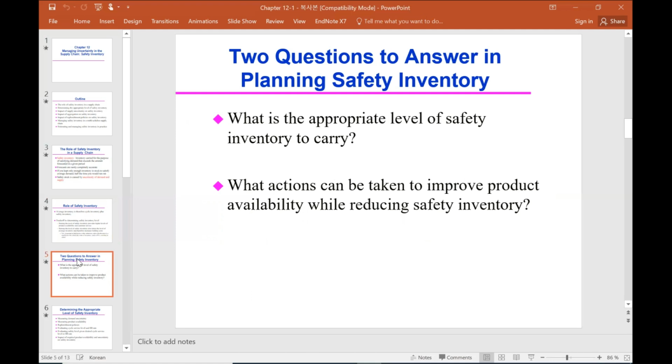The second is, how can we improve the product availability but at the same time reduce the safety stock? As I said, there's a certain trade-off between the product availability and the safety stock, so this second question is not easy to answer. But anyhow, let's try to find the proper answers to these two questions.